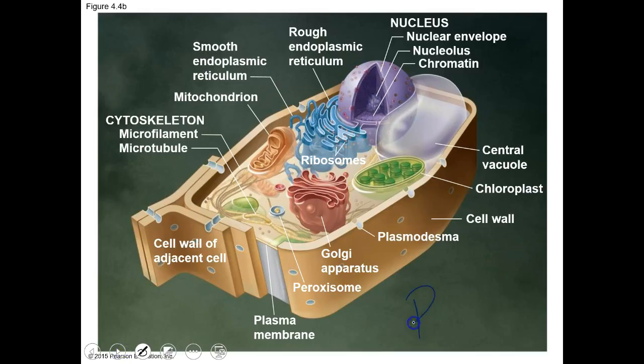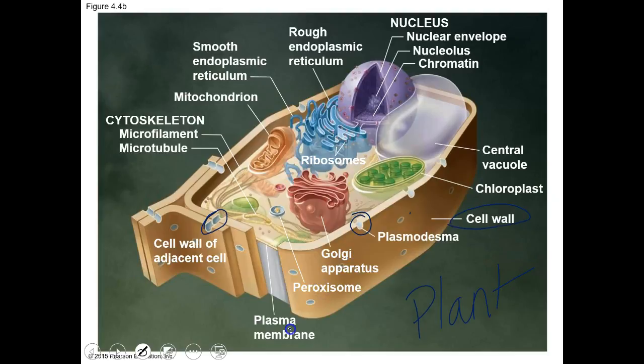So this one's obviously a plant. You can see this nice rigid cell wall, which I'm pointing to right here. And you can see these little holes poked in there, so those different cells can talk to each other. That would be the plasmodesmata. You can see that here too. Okay. But notice some of the same stuff. There's Golgi. Look at the peroxisomes. I was thinking lysosomes.